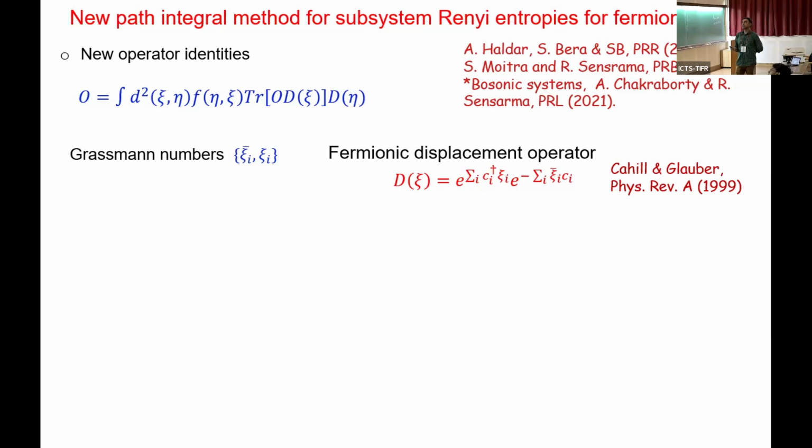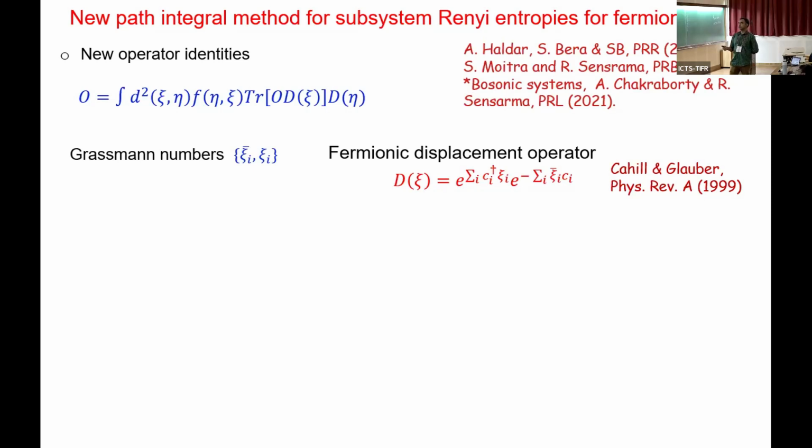So this operator will be a function of the basic variables, the c dagger c, which are the things giving me the tensor product space. Then it turns out that you can prove that any operator can be expanded in the basis of what are known as fermionic displacement operators, which were introduced by Cahill and Glauber.